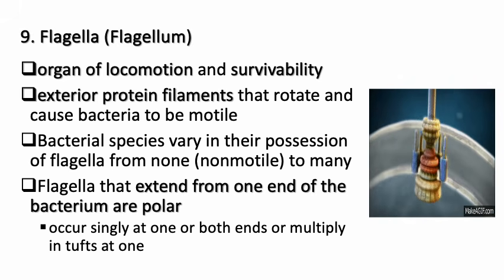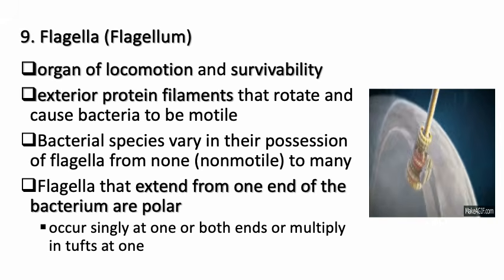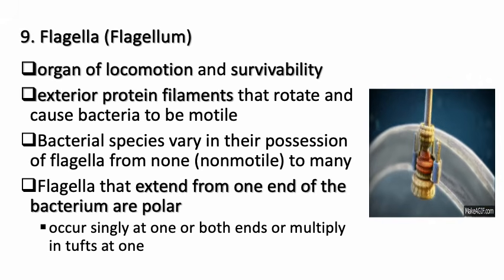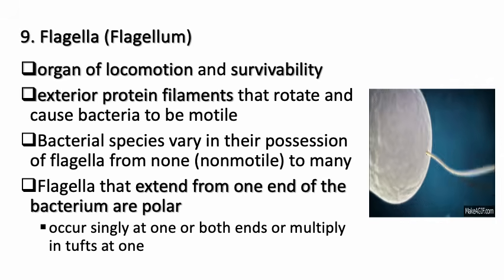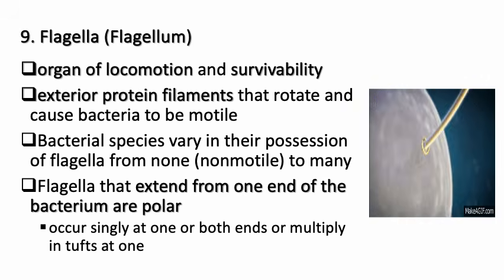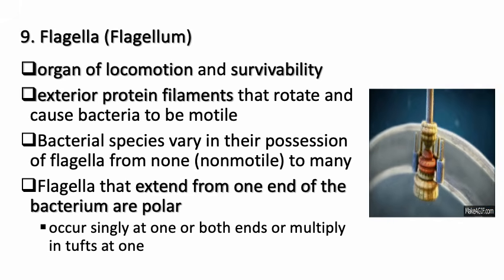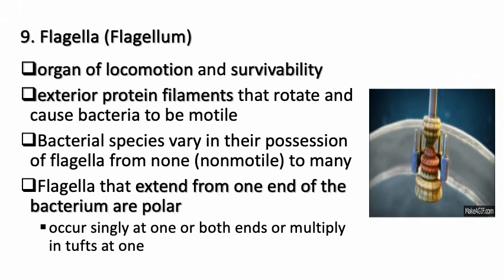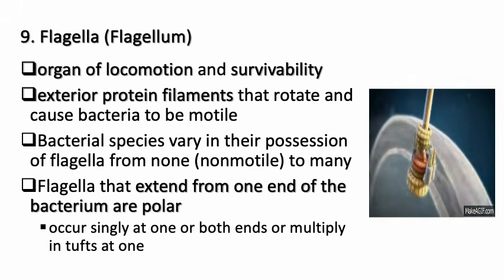The number and location of flagella within the bacterial cell can vary within different species. Your flagella in the exterior contain protein filaments that rotate and cause bacteria to be motile. Bacterial species vary in their possession of flagella, from none, which is non-motile. And when our bacteria have flagella, they are termed motile bacteria.